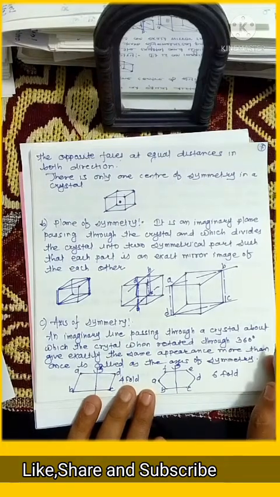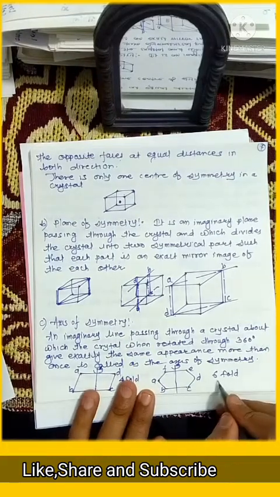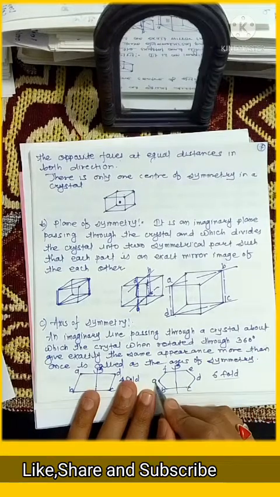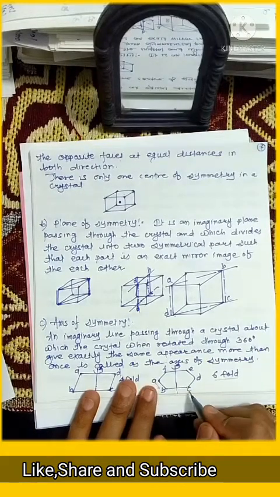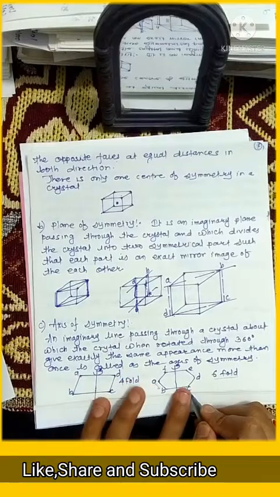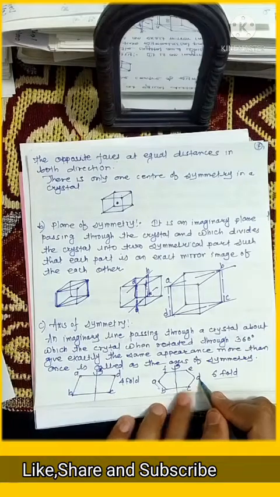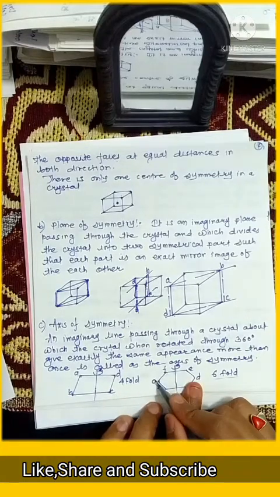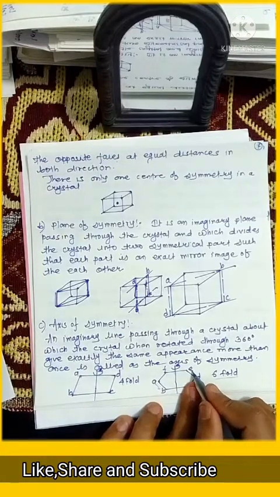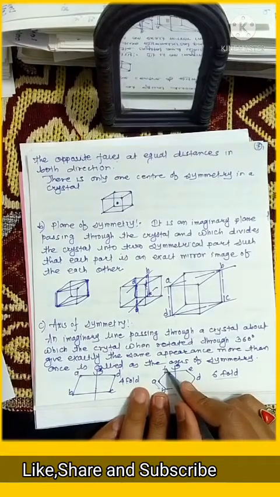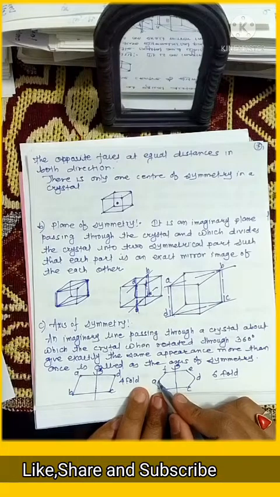It simply requires 6 rotations. In the first rotation, A comes at the position of B. In the second, at C. In the third, at D. In the fourth, at E. In the fifth, at F, and at the sixth rotation A comes to its original position.